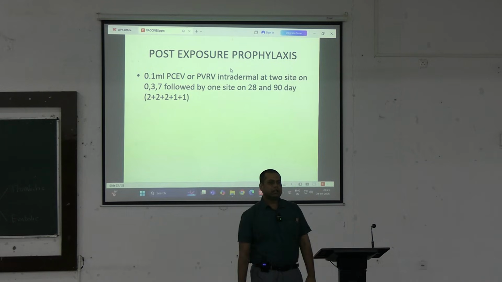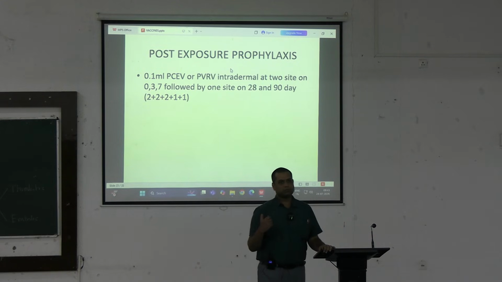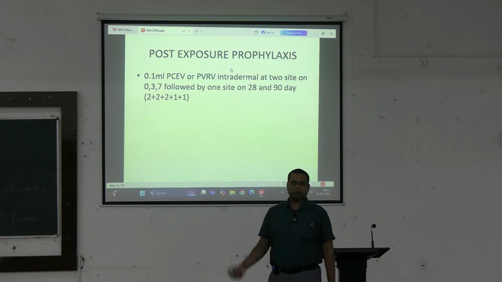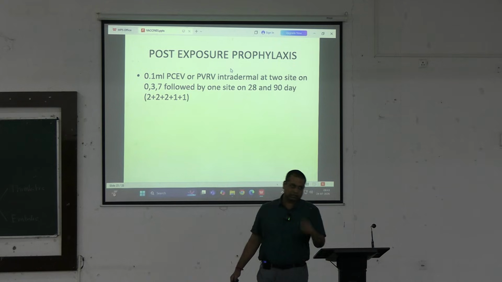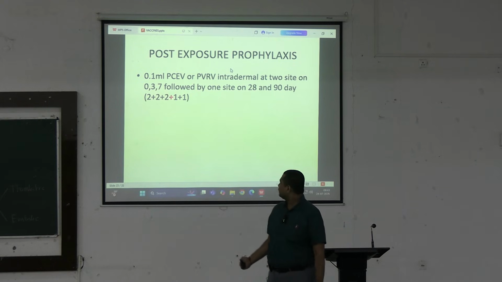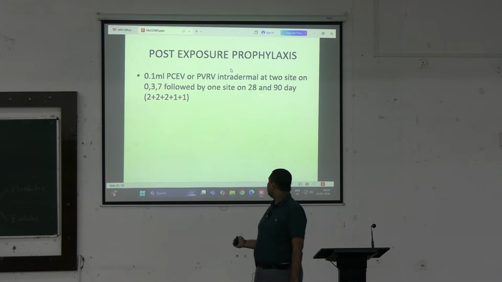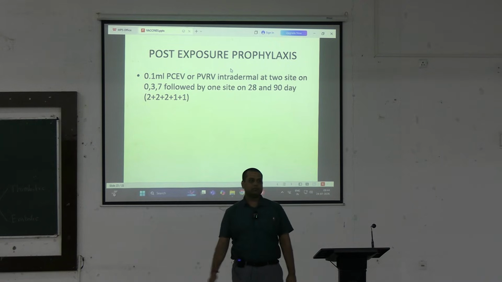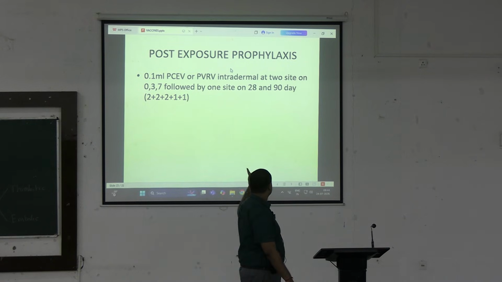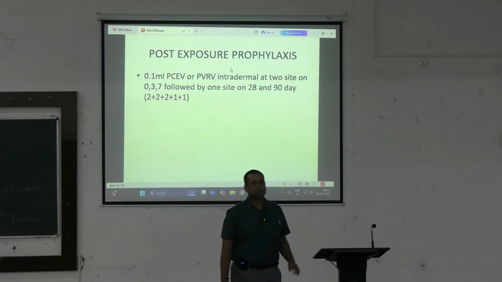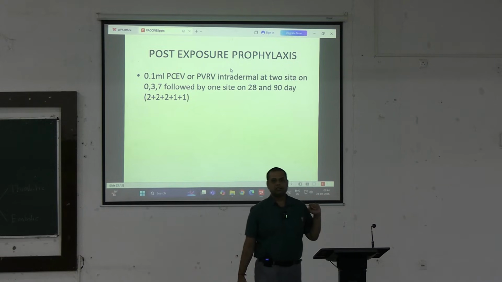Rabies vaccination comes in microbiology, both post-exposure and pre-exposure prophylaxis. So at 0, 2 sites; at 3, 2; at 7, 2; at 28, 1; at 90, 1, 0.1 ml intradermally. The route is important.